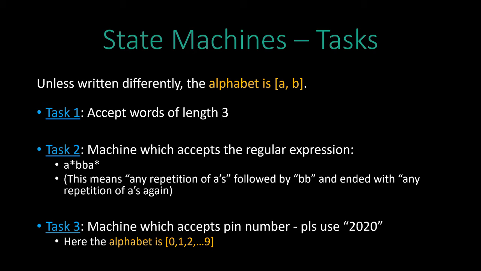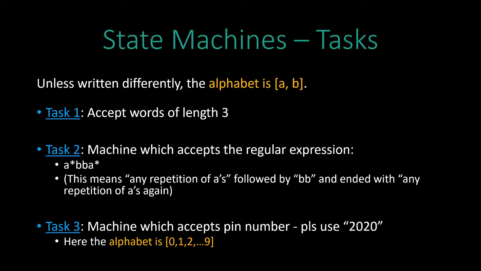The next one is a machine which accepts exactly the pin number. Don't use your pin number, just use something like 2020. This is a design which can be used, for example, in a pin number checker or a password board. You would be implementing something like that: just a machine which accepts an exact string or exact words.